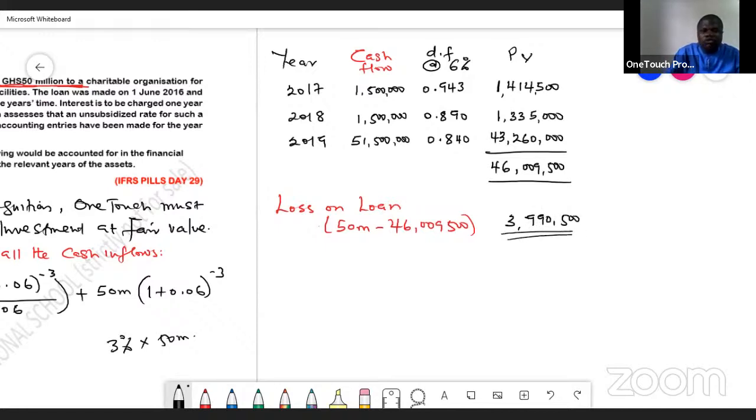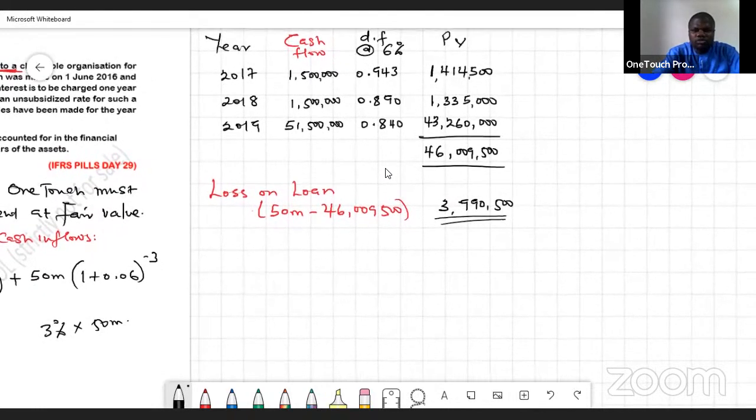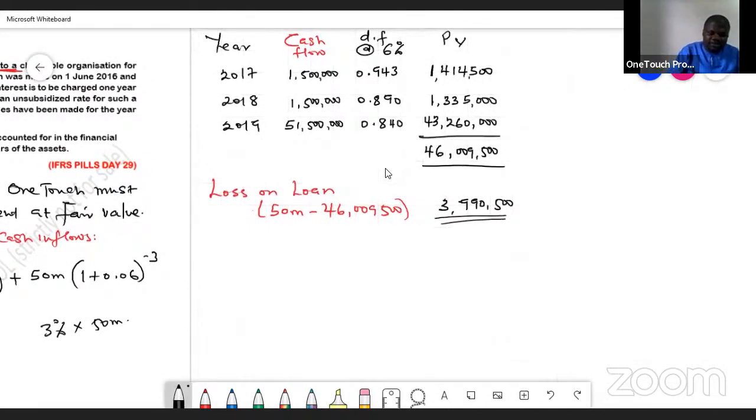This is a loss on loan. So now we measure the loan asset at amortized cost, the 46 million.